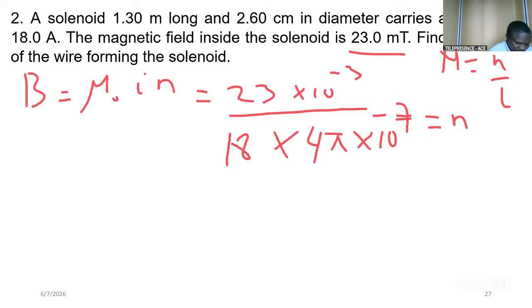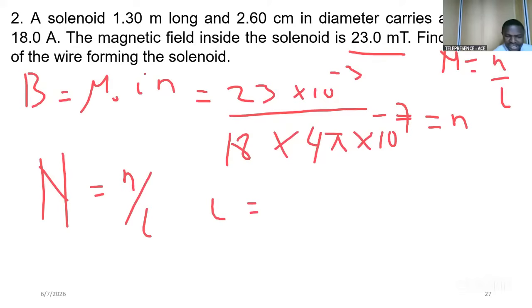After you have gotten the n, we now say small n is equal to N all over L. We can now say the N equal to the number of turns per unit length multiplied by L. So from there, we can substitute. Let me just erase so that I can do it very well.